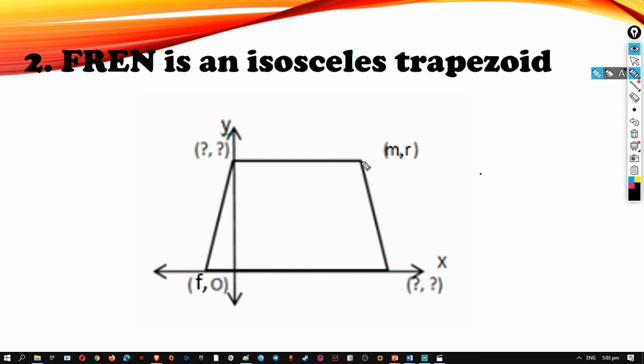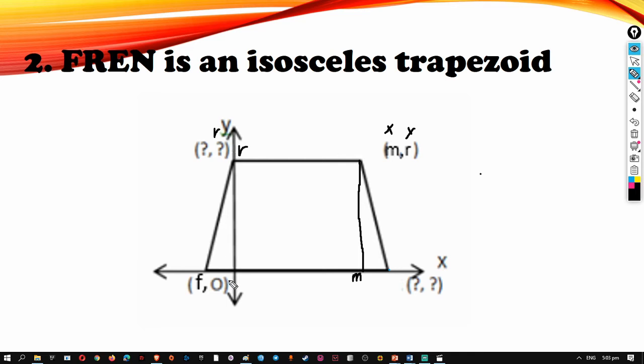So, ang coordinate nito ay M, R. So, yung sabihin ng X niya ay M. M ito. At ang Y niya, so ito ang X, ito ang Y. So, ang Y niya ay R. Okay, so mga tuwid, R ito. R yan.